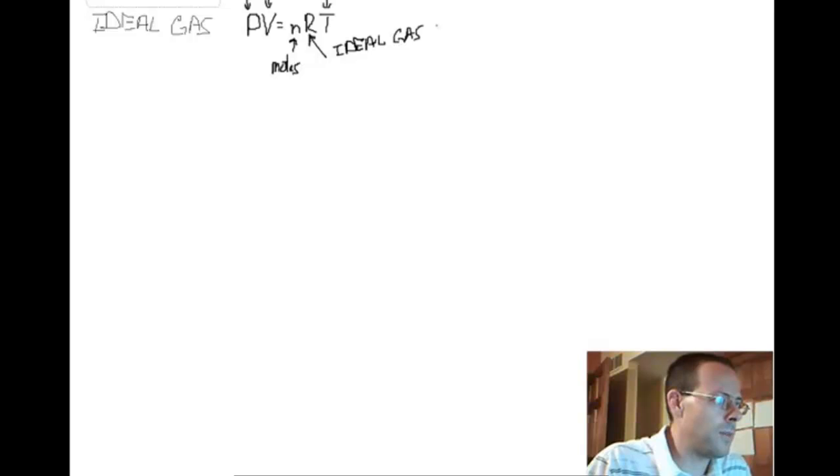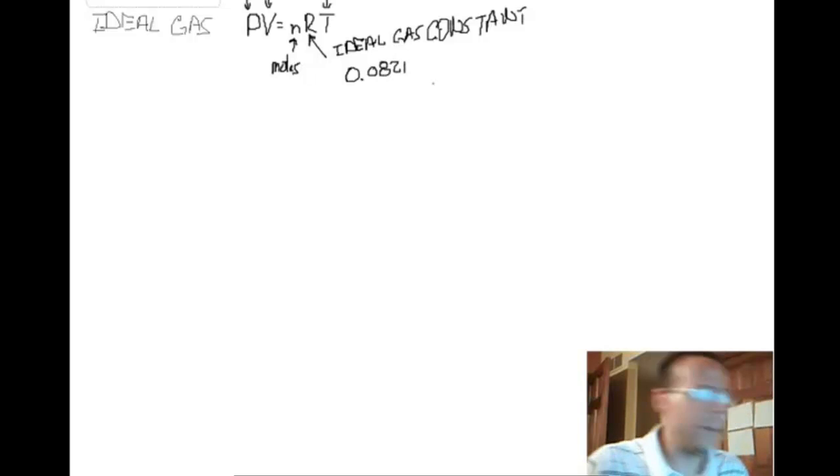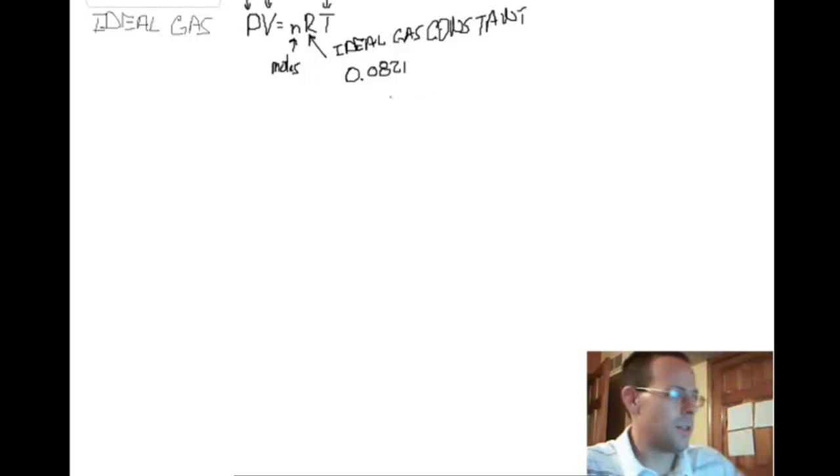And R has a value that doesn't change. That's why it's known as the ideal gas constant. And that value is 0.0821. Okay? It's a number you need to memorize for whenever we use our equation, which we usually call just PIV-NERT.